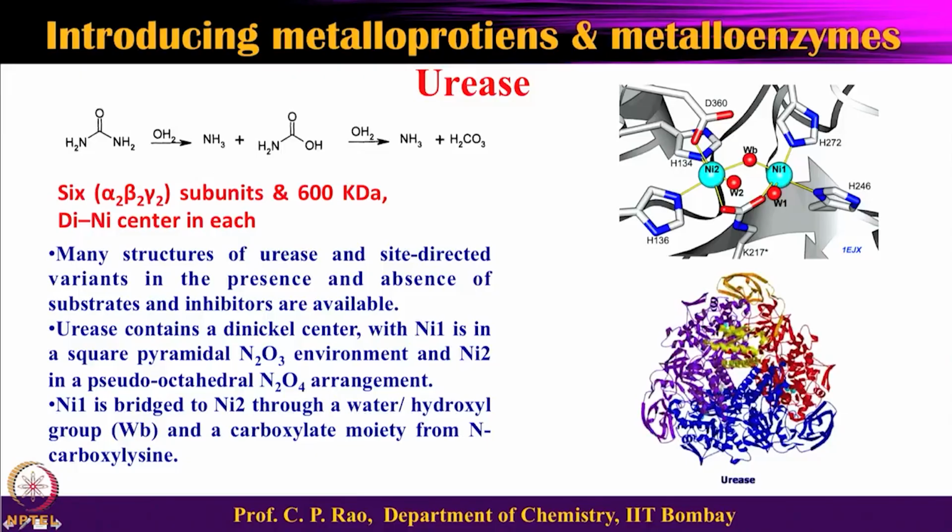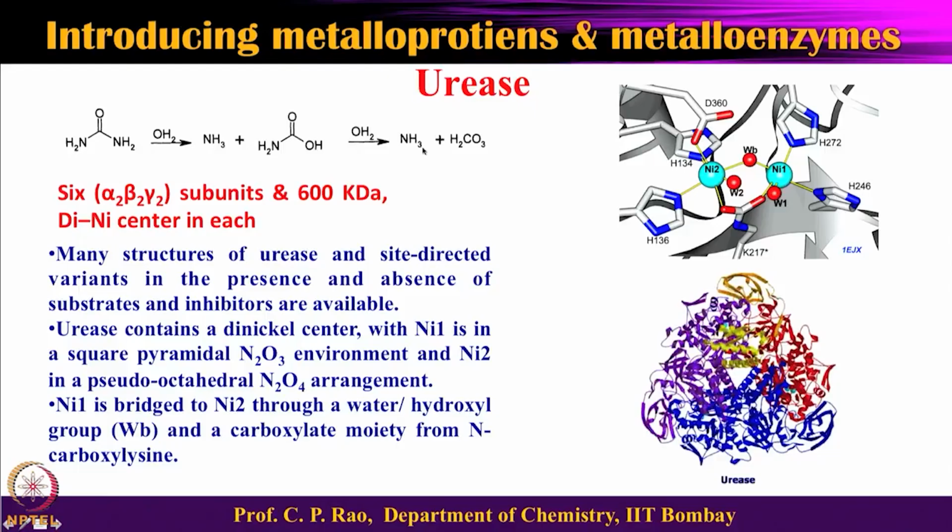There is one part, another part, another part, 3 subunits, and above this, 3 more. So, it is a dimer of a trimer. The trimer is alpha, beta, gamma, the dimer is twice. So, this is a very complex enzyme where you can have 6 moles of urea reacting and giving rise to 12 moles of ammonia.